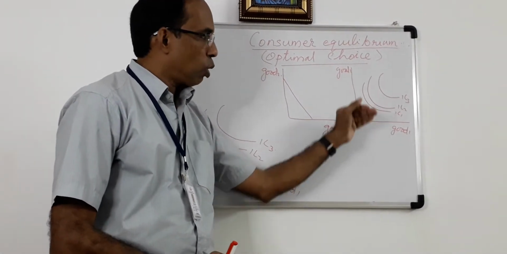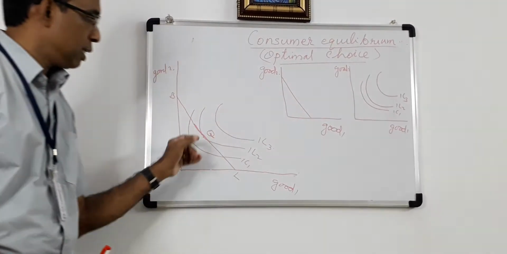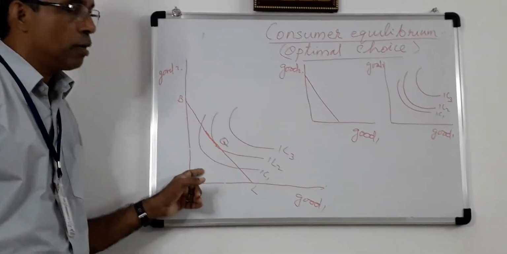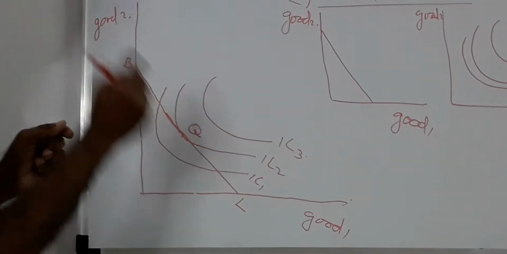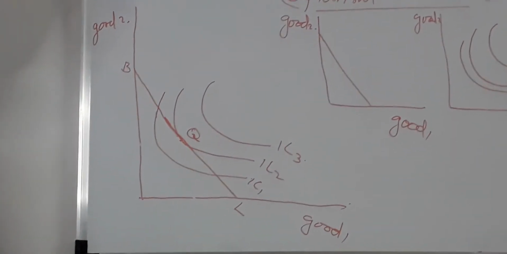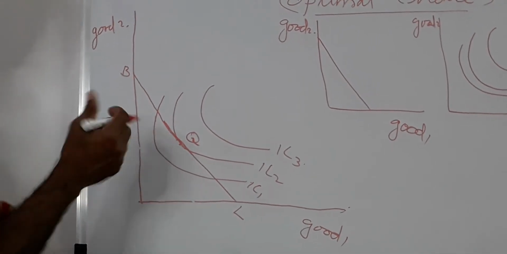And now let us draw these 2 graphs together as drawn on the board. When we draw these 2 diagrams together, we get a diagram like this. In this diagram, there are many bundles available to the consumer.